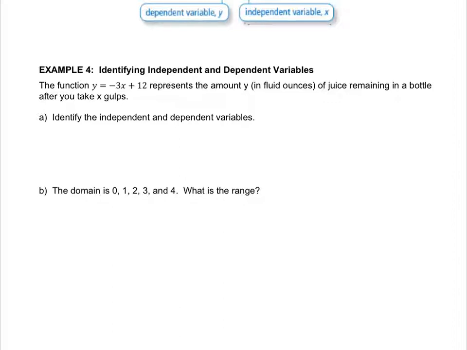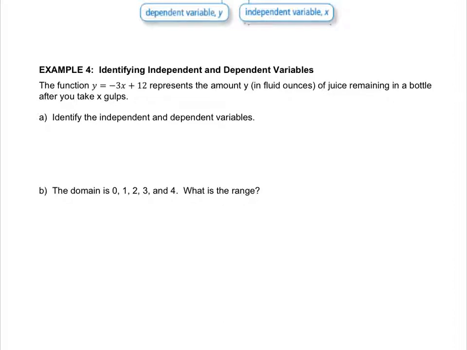The amount of liquid in the cup doesn't make you take 7 gulps. You don't look at a cup and go, this looks like 5 gulps. So the gulps is what determines how much liquid is still left in the cup. That's why x would be independent and y is dependent.